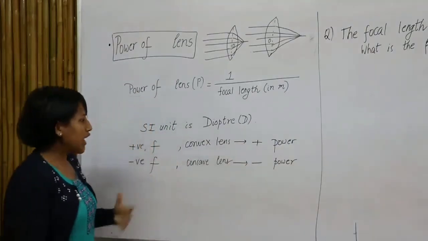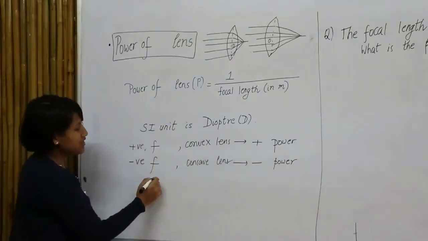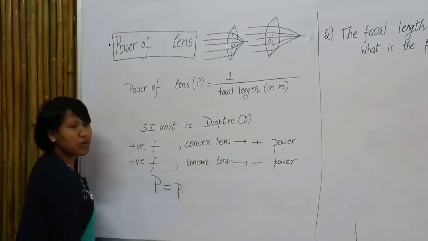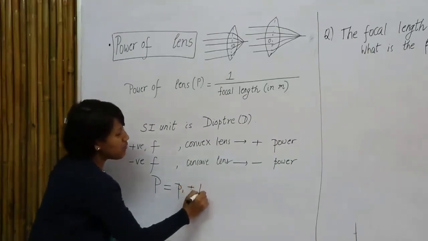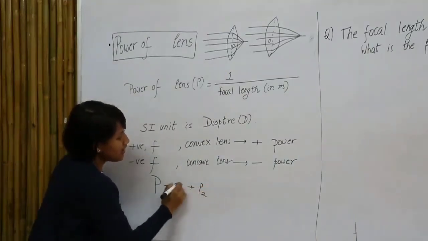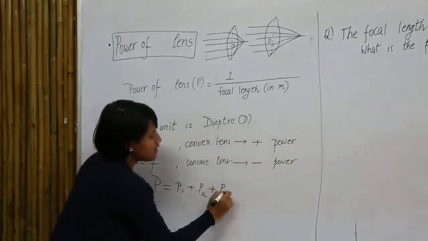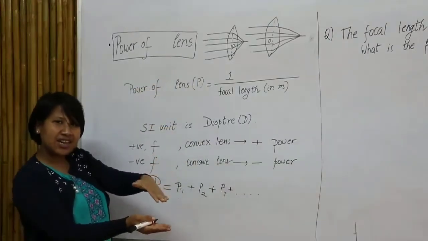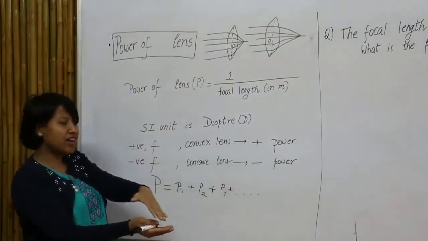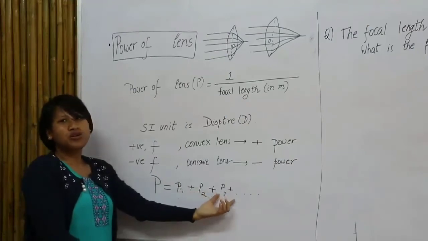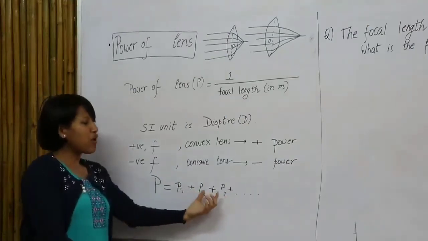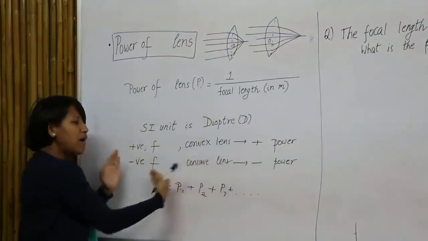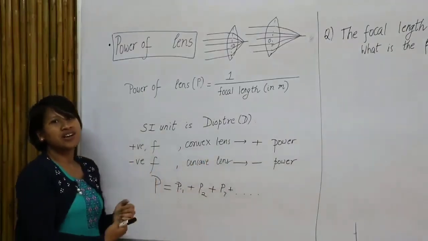To calculate the power of such a combination, suppose the first lens has power P1, the second lens has power P2, then the third lens, and so on. When we combine many lenses, say in a camera, you add the powers of each of those individual lenses, and you get the power of that particular instrument.